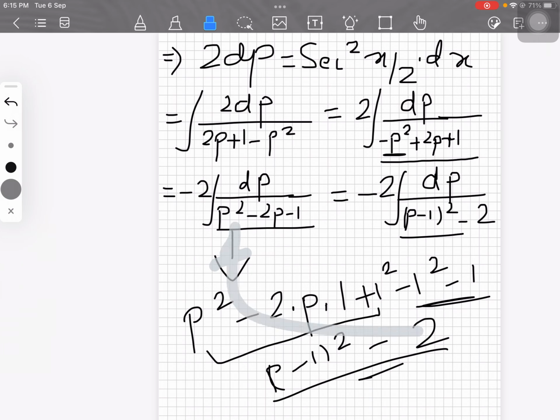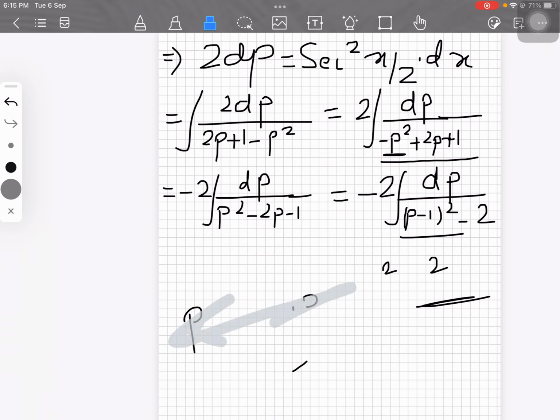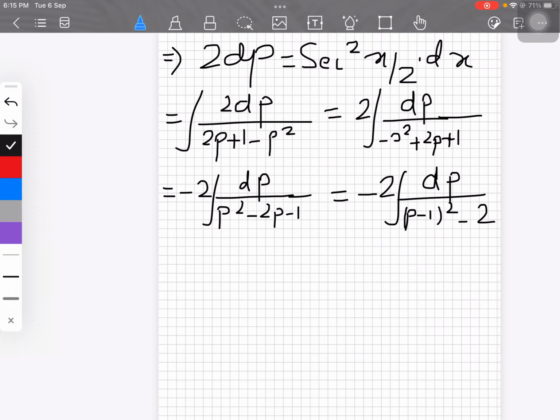If you don't like this minus sign, you can take minus common again, so it's 2 dp over 2 minus p minus 1 whole square.